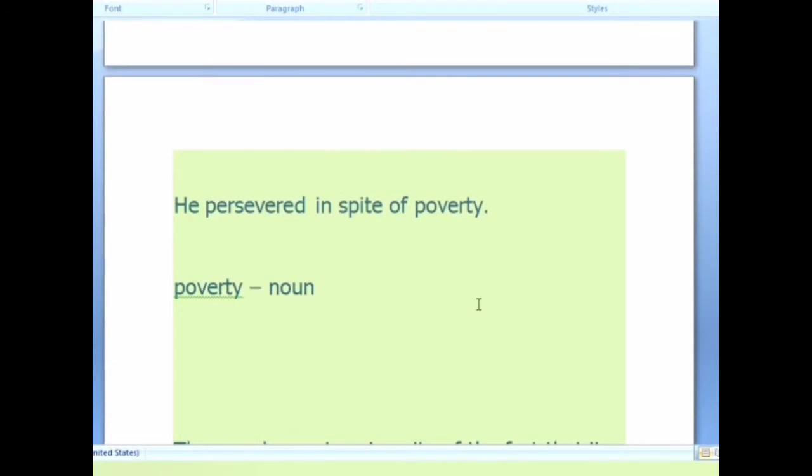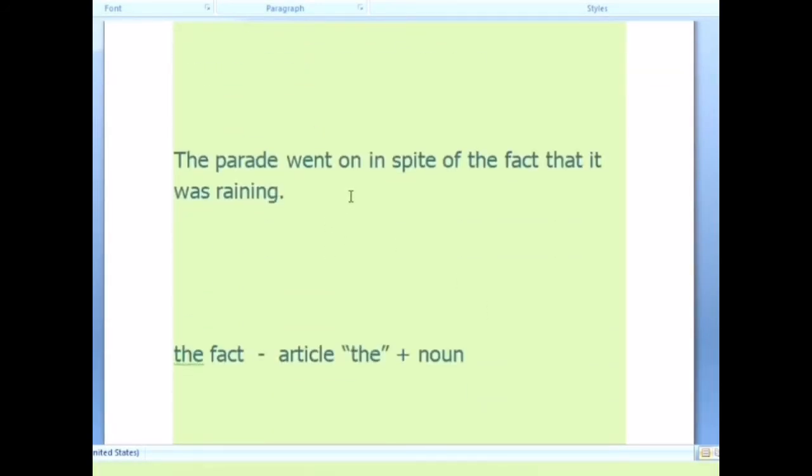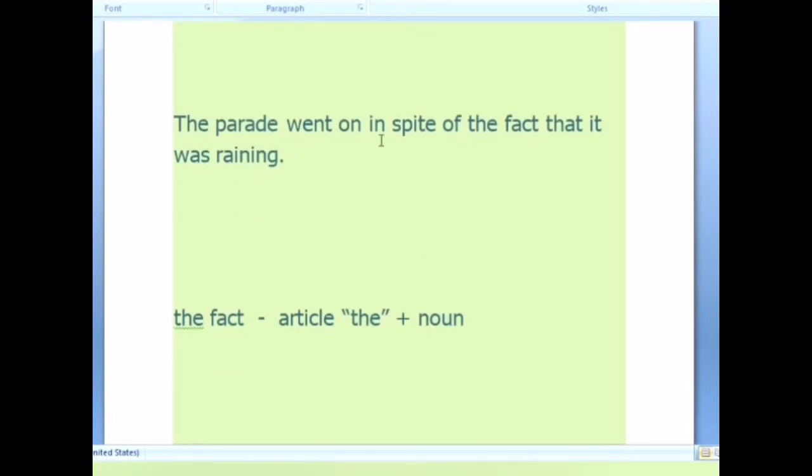He persevered in spite of poverty. Now, in spite of is followed by the noun poverty. Second one, the parade went on in spite of the fact that it was raining. So, in spite of is followed by the fact, which is an article plus noun. So, the is the article, fact is the noun.